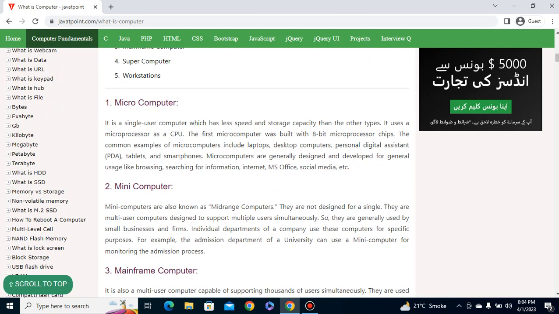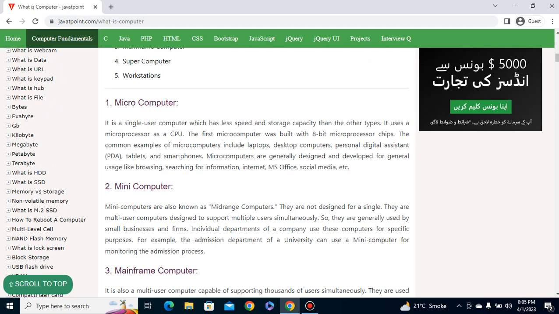The first microcomputer was built with 8-bit microprocessor chips. The common examples of microcomputers include laptops, desktop computers, personal digital assistants, PDAs, tablets, and smartphones. Microcomputers are generally designed and developed for general uses like browsing, searching for information, internet, MS Office, social media, etc.